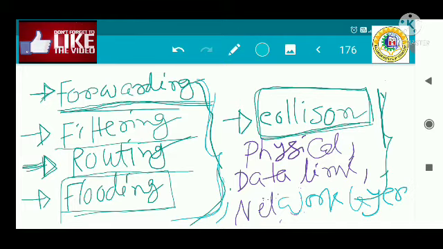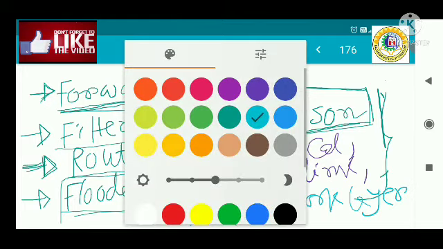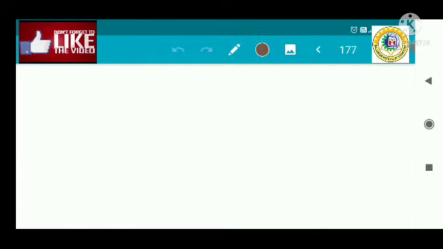Next, if we want to define the router, you can define it as follows.